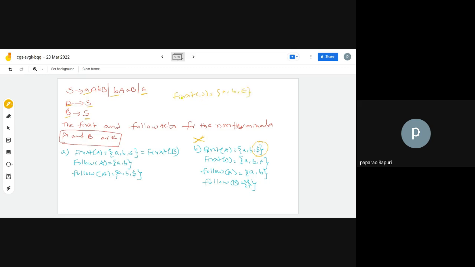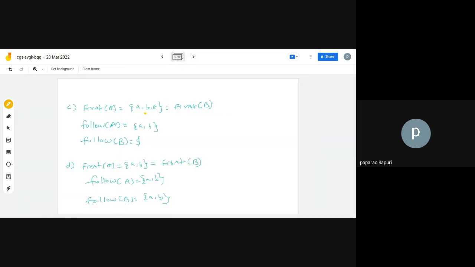So there may be a chance here, it may be correct because small a, small b, epsilon. But here, first of A equals to small a, small b, epsilon missed. So that's why this is not the correct option.